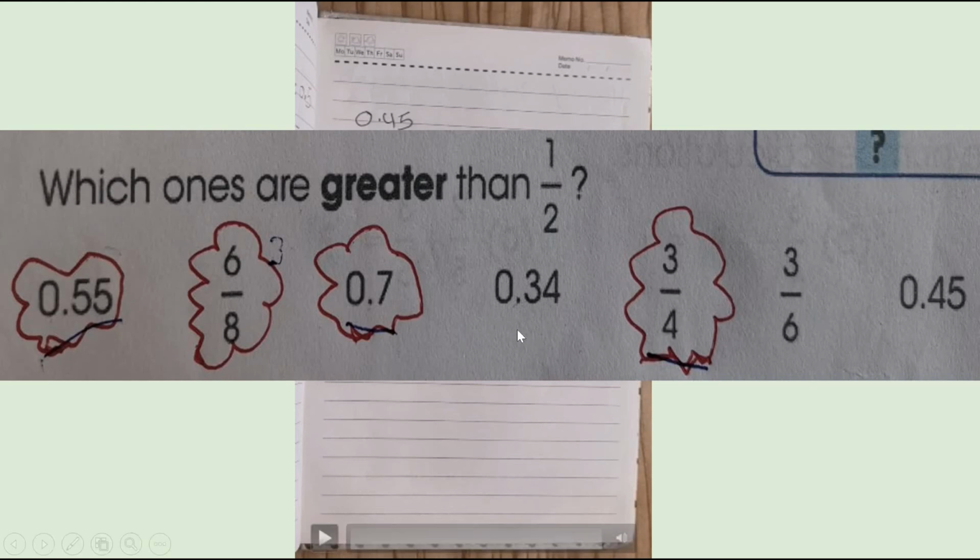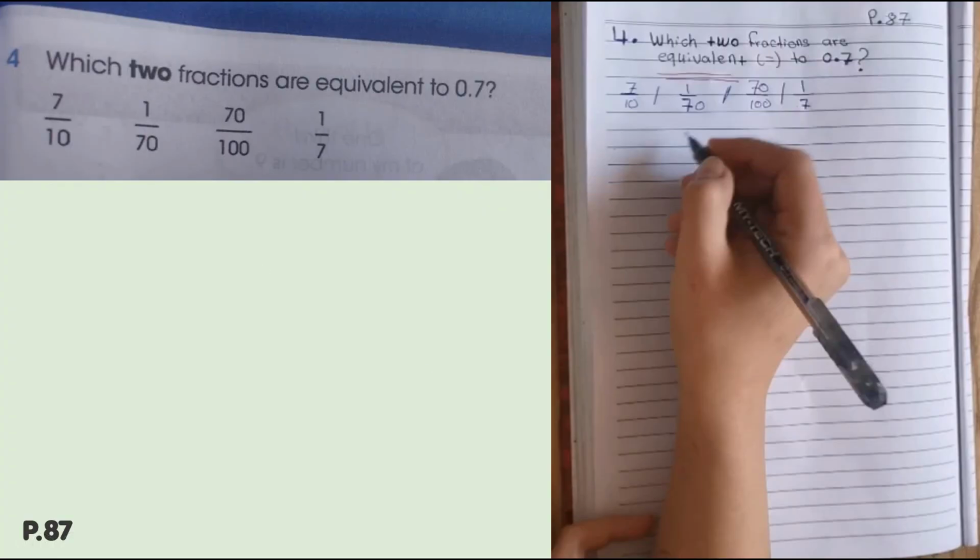We're not picking that as well. Same goes for 0.34. The question asks us to pick two fractions that are equivalent to 0.7. Please remember that equivalent means equal. Now let's watch the video to see how we should pick the two equivalent fractions for 0.7.